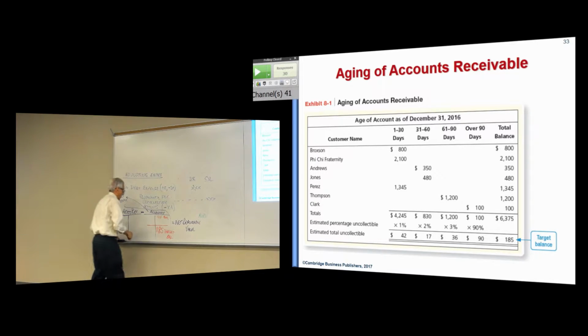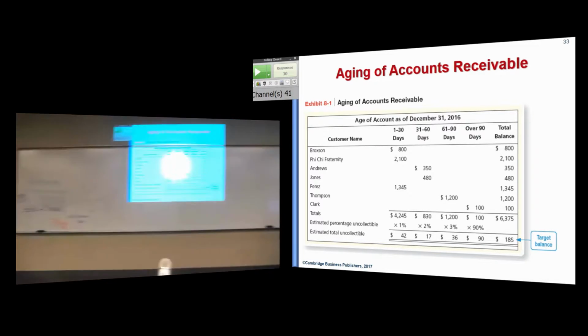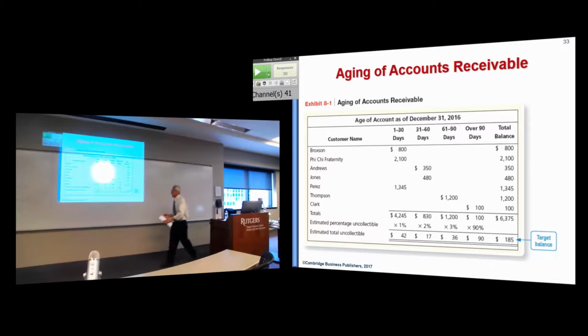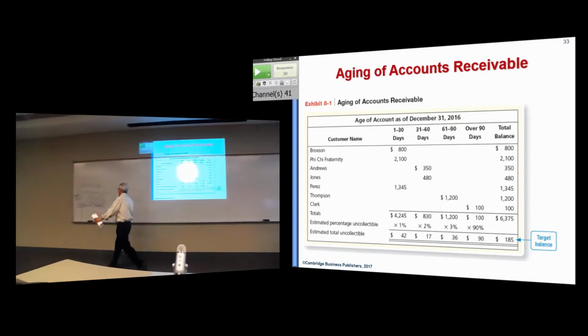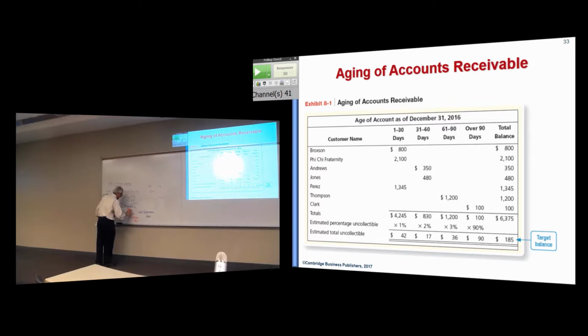Now, I'm going to give you some other variations here. Again, using the target. Can I use the same slide? Yeah, I will. Okay. So let's take one case. Case A. And in case A, my balance here is 100.